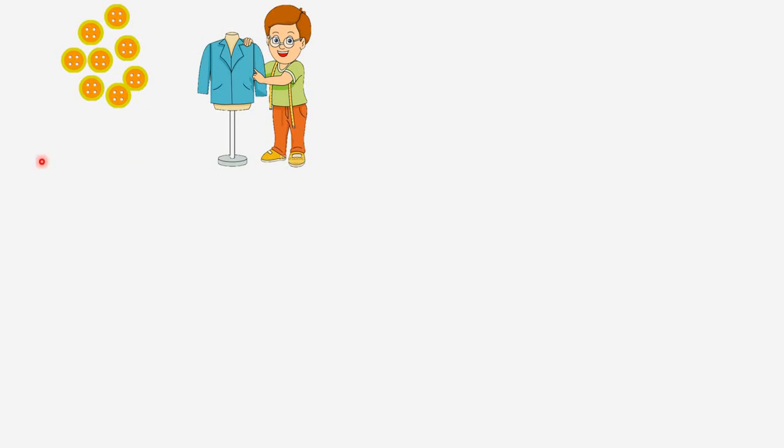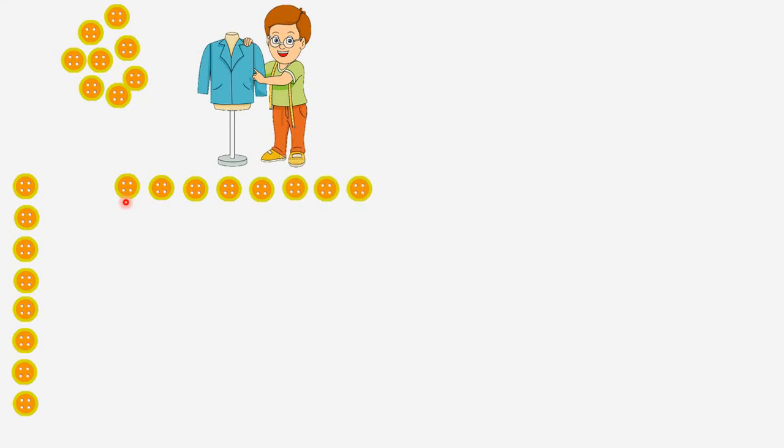Okay, let's try to do it. So kids, Tom can arrange these 8 buttons in one column, just like this. Or he could arrange all these buttons in one row because he wants equal number of buttons in every row or in every column, isn't it?